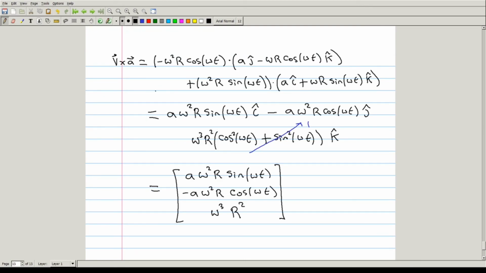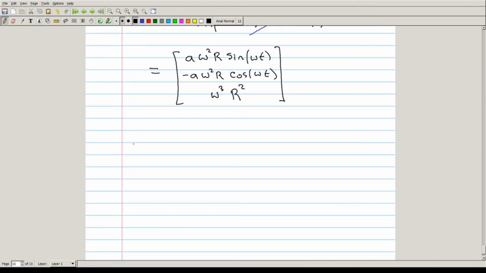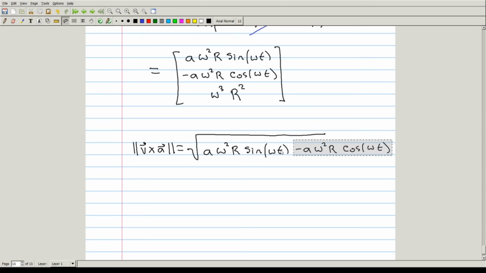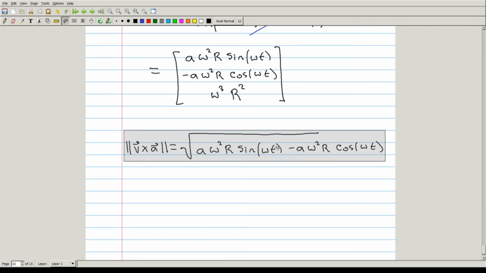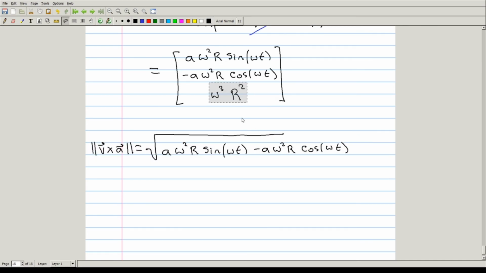We're going to simplify this to get the magnitude of V cross A, which is equal to the square root of this term squared plus this term squared plus this term squared.